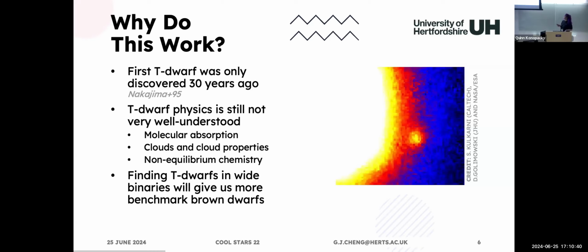I assume that most people here have seen this discovery photo of the first confirmed T-dwarf. It was only 30 years ago that we found the first T-dwarf, but in those 30 years, we still don't very well understand T-dwarf physics. So we need more benchmarks to understand the physics of the clouds and the chemistry that happens inside these objects.